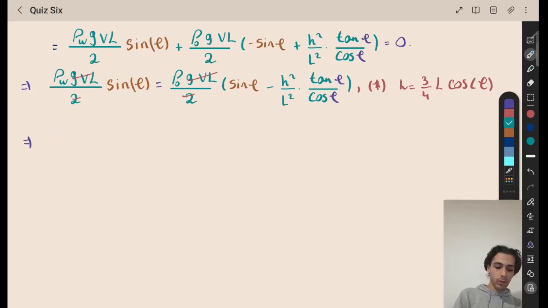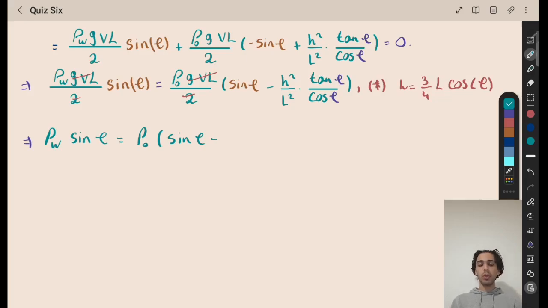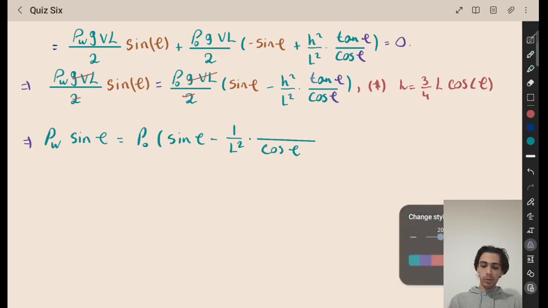And so in this case, we have rho W sine of phi is equal to rho naught of sine of phi, but then you take away 1 over L squared, and then you have cosine of phi, sorry. And here I want to make a quick substitution.